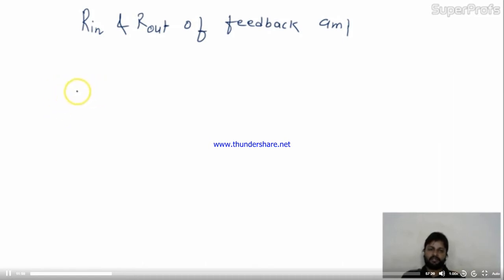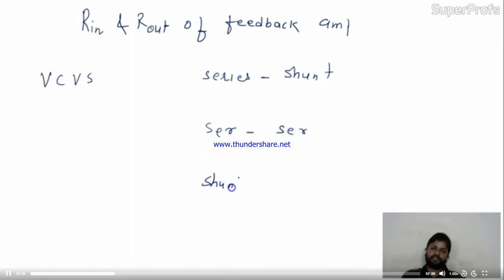Number 1, let's take it in this form. Voltage control voltage source. The other name of this is series shunt. Series shunt, we have series, we have shunt, and we have shunt.